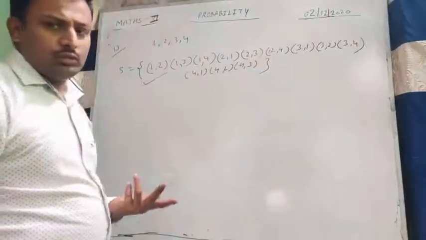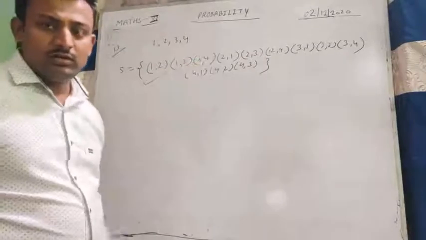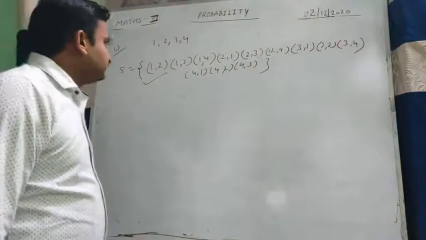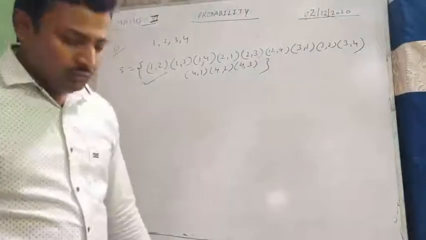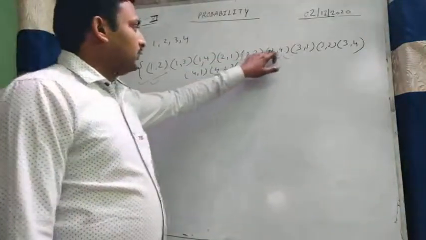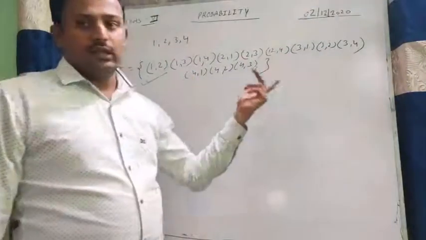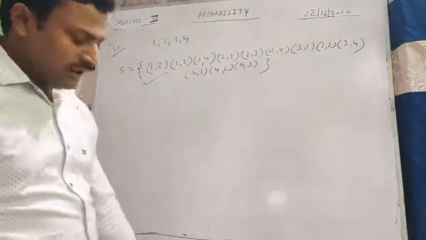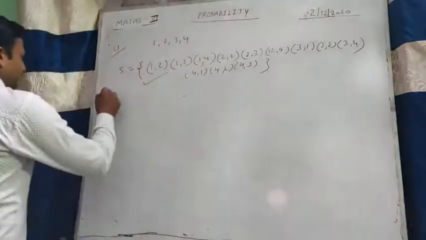The numbers on the 2 slips may be 1,2, 1,3, 1,4. But 1,1 cannot be, because 1 is written only one time. So 2,1, 2,3, 2,4, 3,1, 3,2, 3,4, 4,1, 4,2, 4,3. These are all the possible outcomes when we take 2 slips from a box. So that will be our sample space.